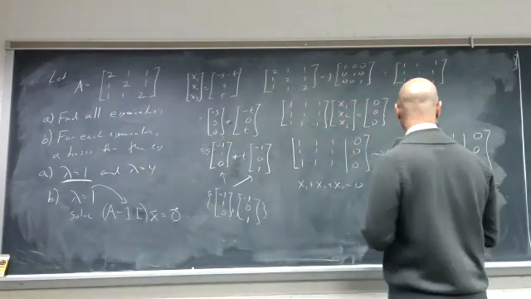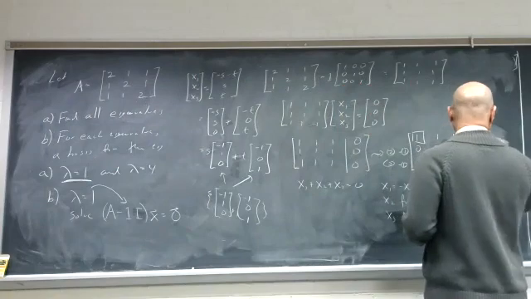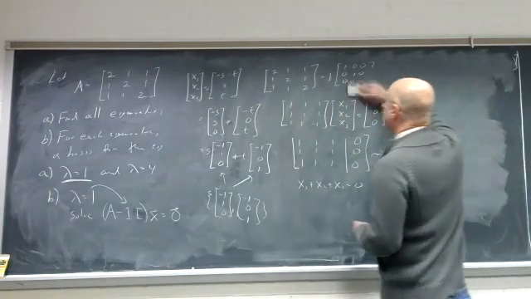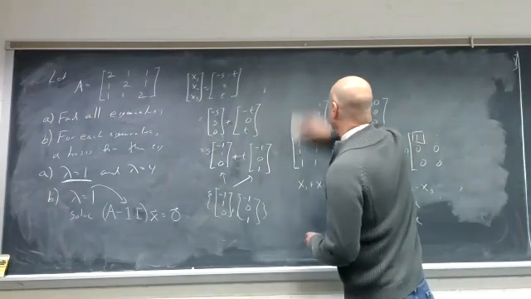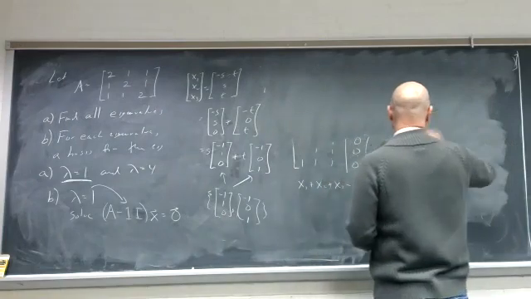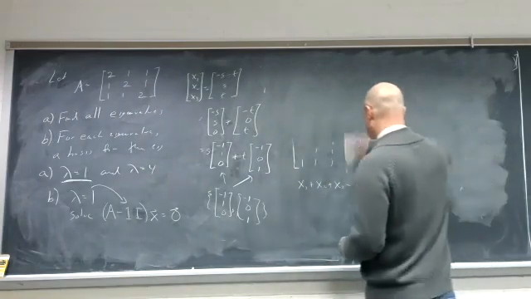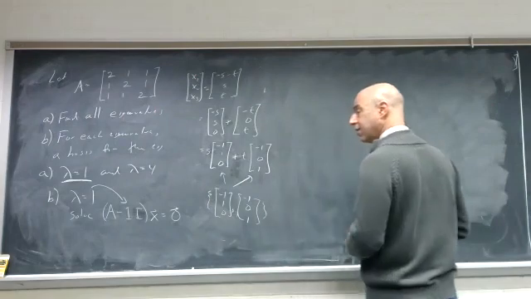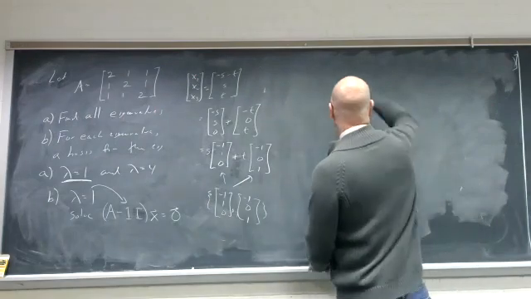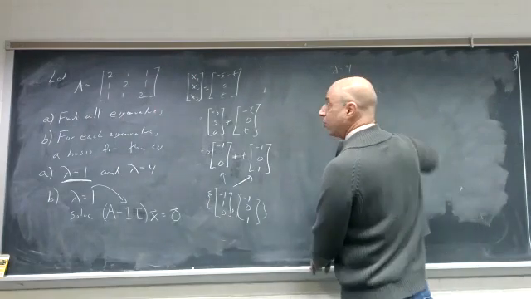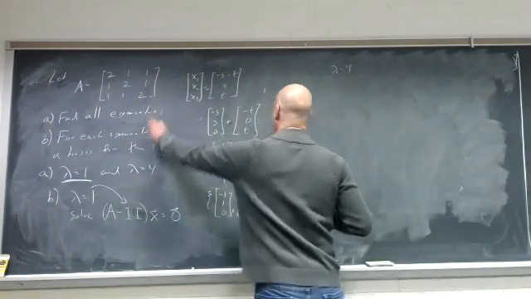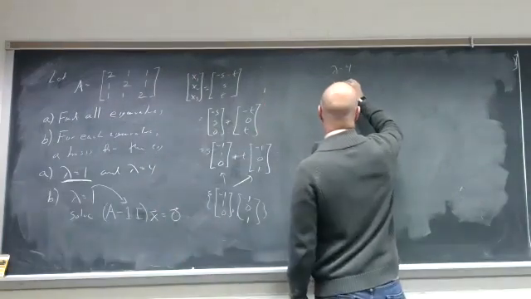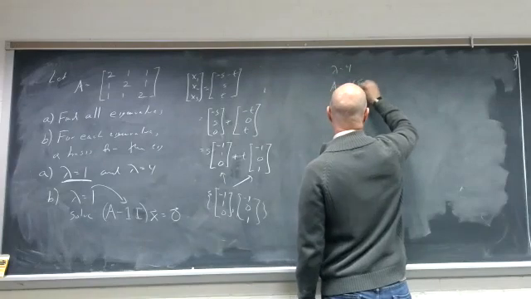Now for lambda equals 4, we'll take this matrix and subtract out 4 times the identity.